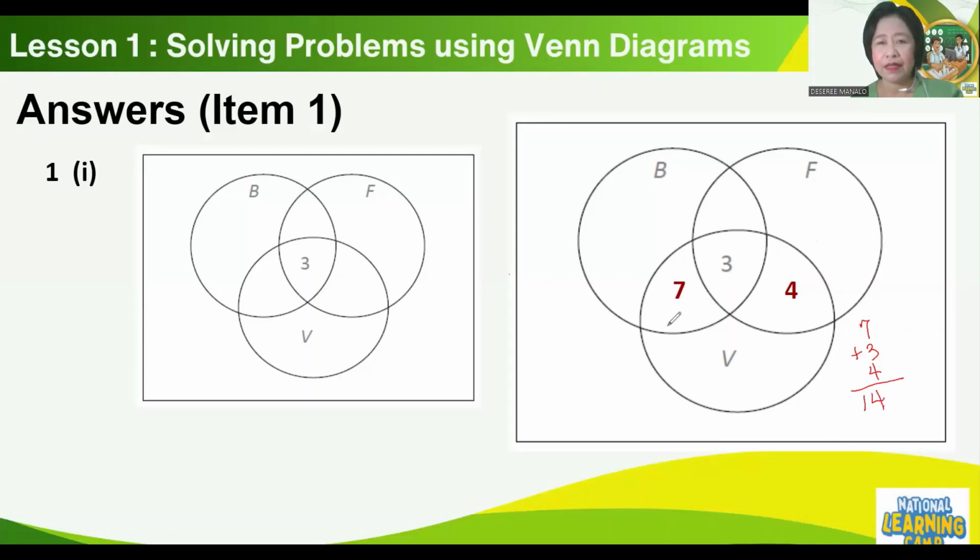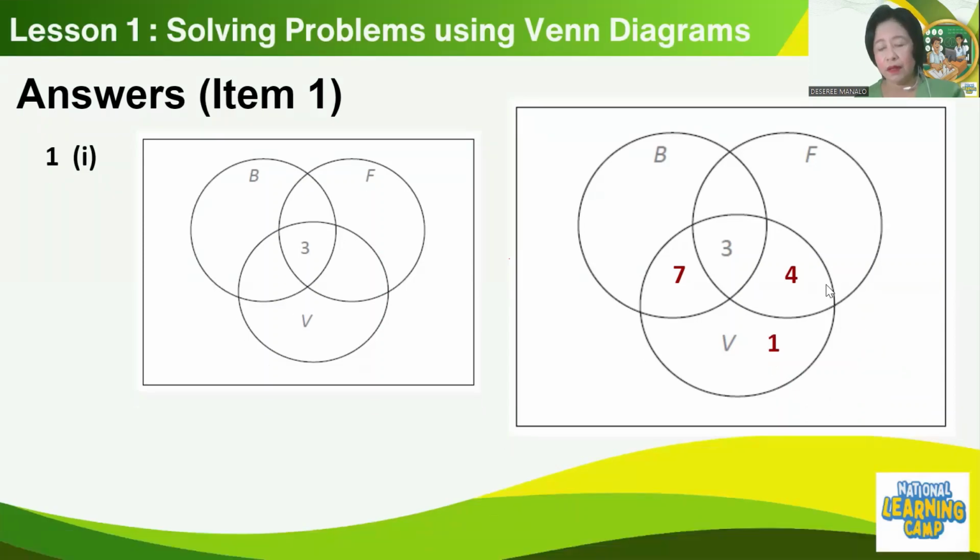And it is said there are 15 students playing volleyball. So we will have 15 minus 14 is equal to 1. Therefore, there is only 1 student playing volleyball only.